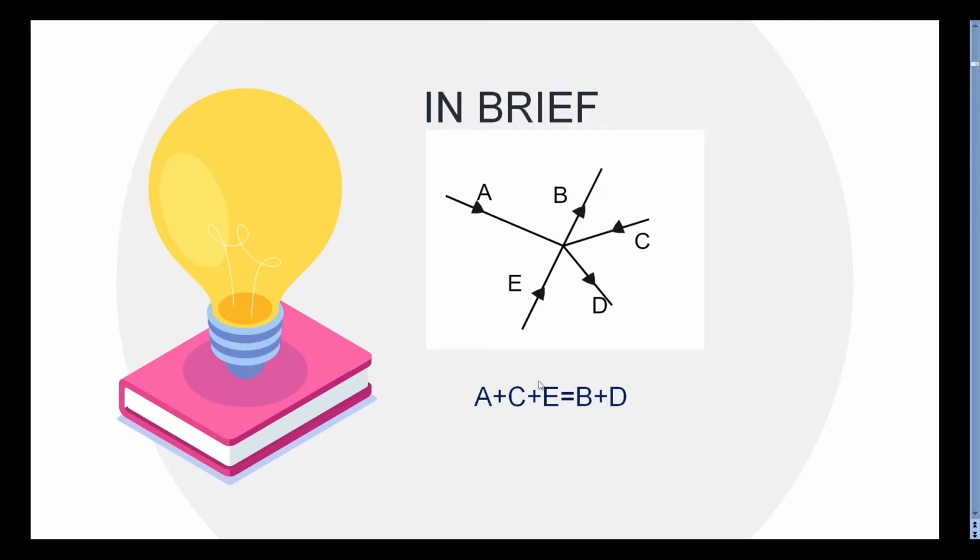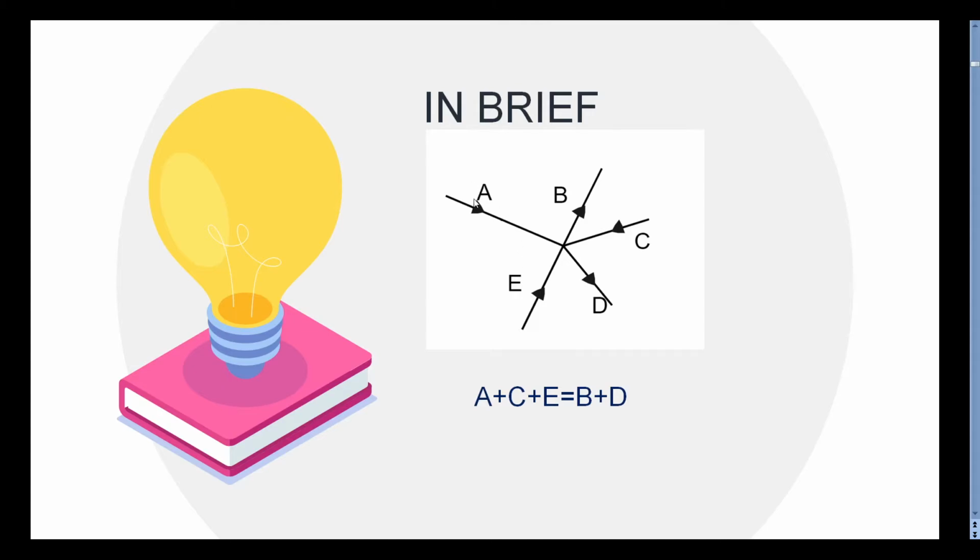So by KCL, sum of the entering currents is equal to sum of the leaving currents from a node. Node is very important. You have to define KCL at a node. So what is the KCL statement? Sum of the currents entering at a node is equal to sum of the leaving currents from a node.